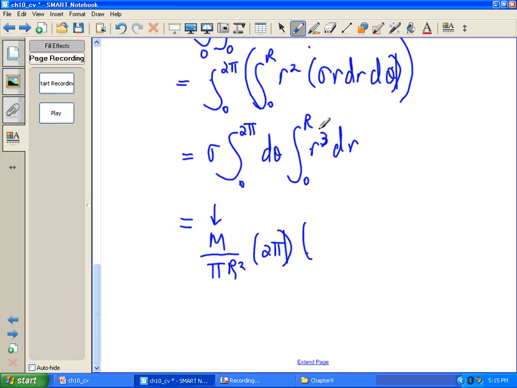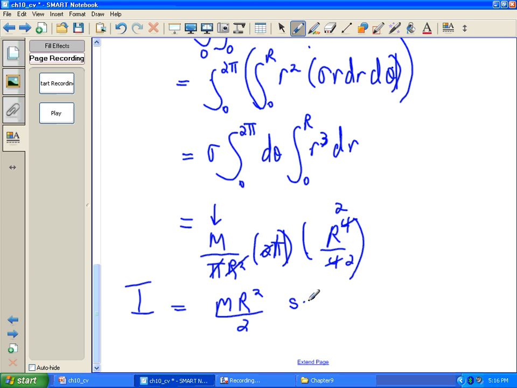When we substitute the endpoints, we get capital R to the 4th over 4. And we clean this up a little bit. This pi cancels that pi. This r squared cancels 2 of those. This cancels 2 of these. And so we're left with mr squared over 2 as the moment of inertia of a solid disk.